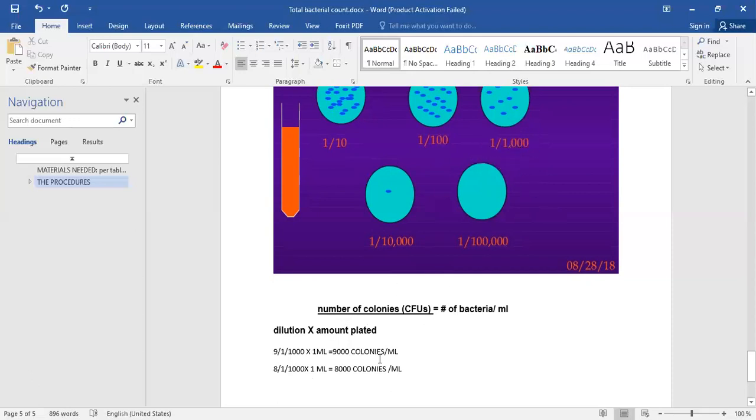Suppose that again we got nine colonies in this, into 1 ml. Again we got 9,000 colonies per ml.